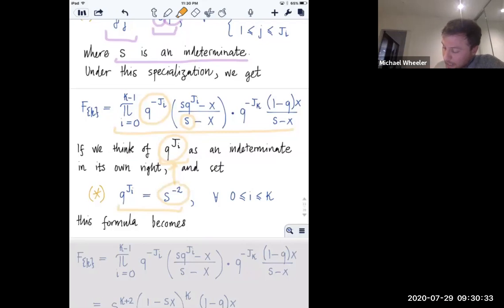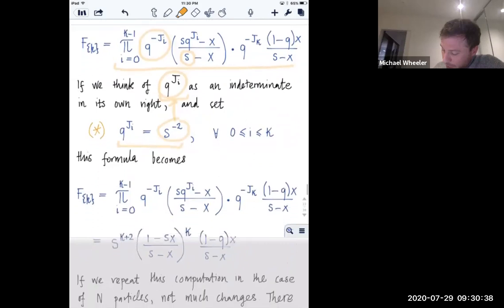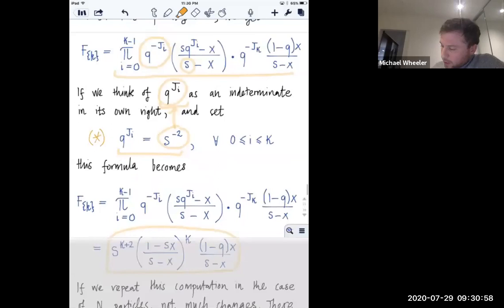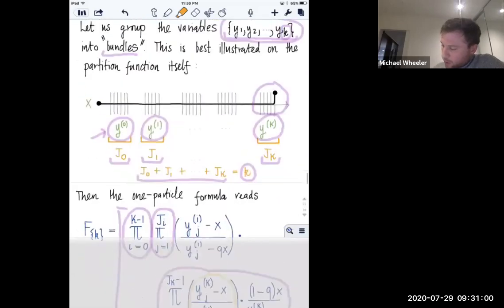Okay. So this is all some computation that you can do. And at the end of doing all of this, we get now this expression here. Okay, which is starting to look simpler and simpler. And already you can see it's getting very close to the kind of monomial that you would like to have in the whole Littlewood formula. So, let's just remind ourselves what the whole Littlewood formula looks like.